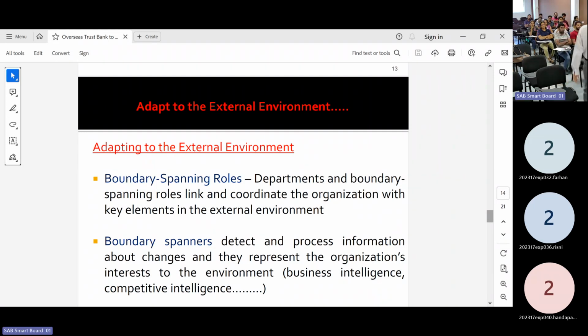Now it has been implemented. And then in Sri Lanka, there can be boundary spanners playing those roles regarding these two programs. But for a business like this, changes mean mainly changes in the current programs, curriculum, or evaluation, assessment.